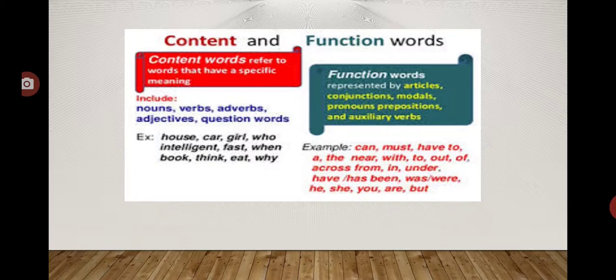They have no change at all. But in the content words section there are many changes. It includes, very simply, nouns, verbs, adjectives, question words, etc. But for function words you can read can, must, have to, there is no change. It always functions as pronouns, prepositions and all.